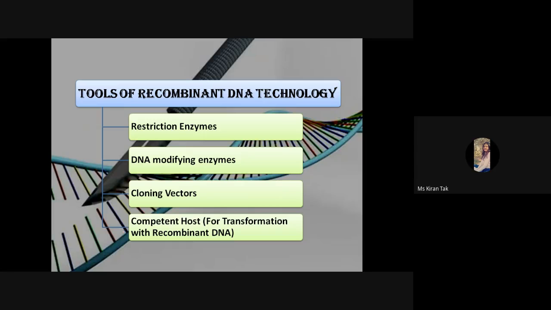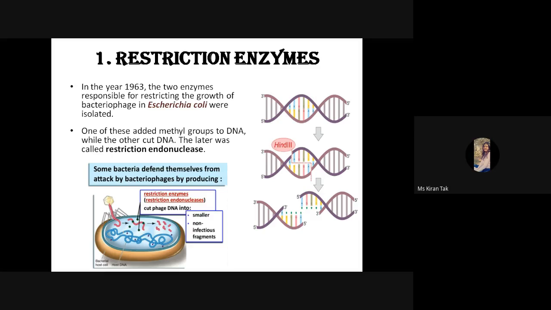So, in the recombinant DNA technology, the various tools are restriction enzymes, DNA modifying enzymes, cloning vectors, and competent host that is used for transformation with the recombinant DNA. First is the restriction enzymes, and the idea of using the restriction enzymes came from the defense system of the bacteria.